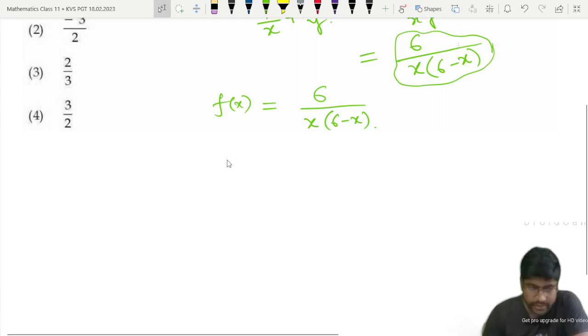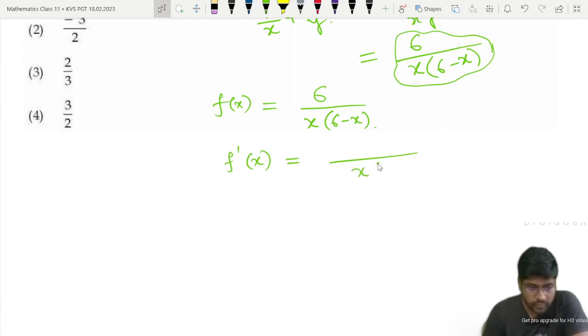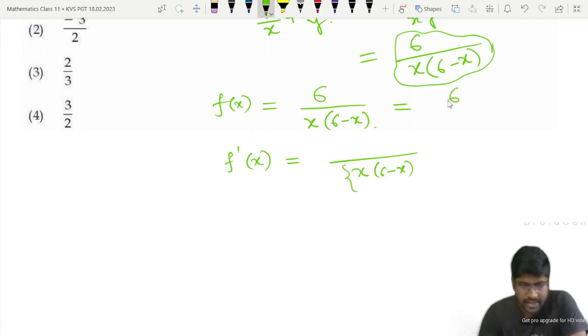So we have to find f dash x. F dash x is nothing but 6 divided by 6x minus x square.